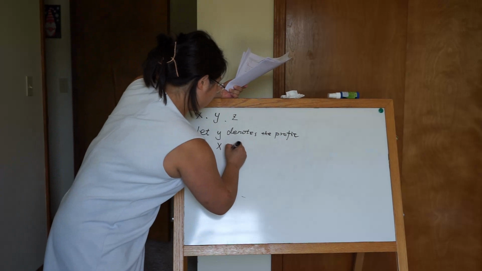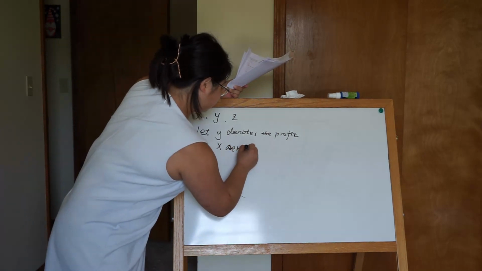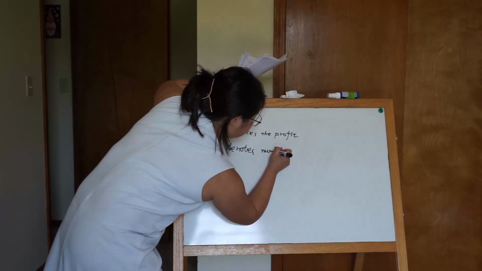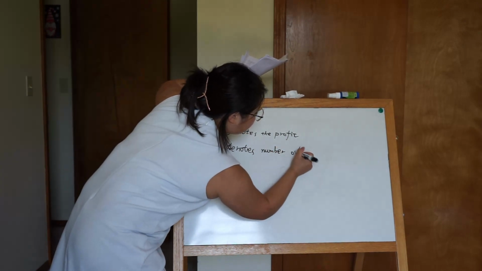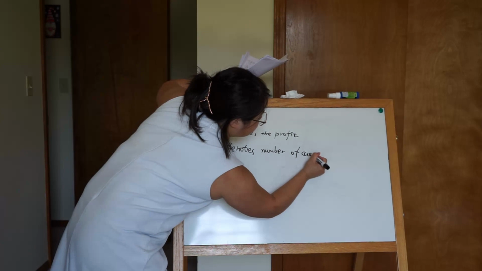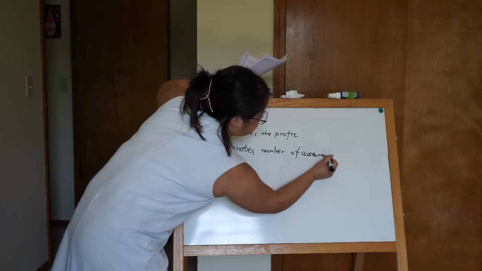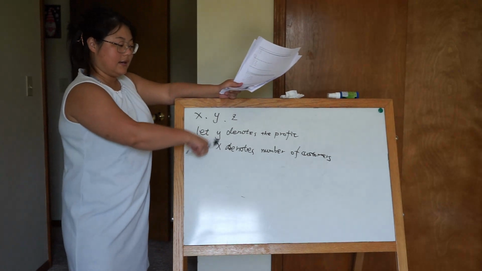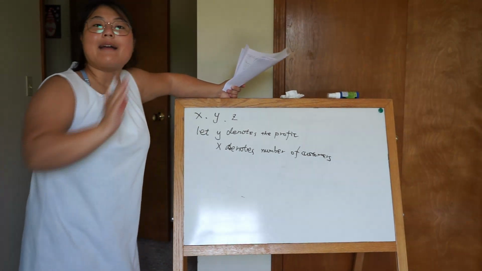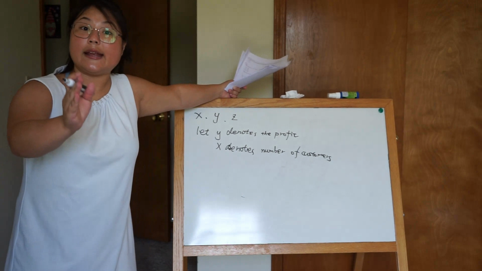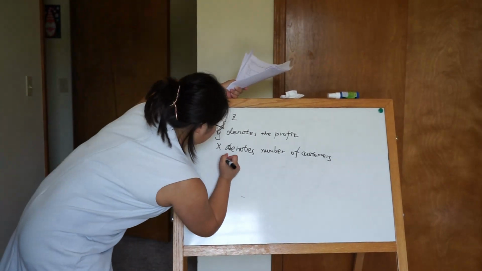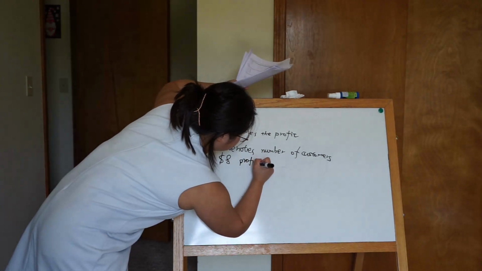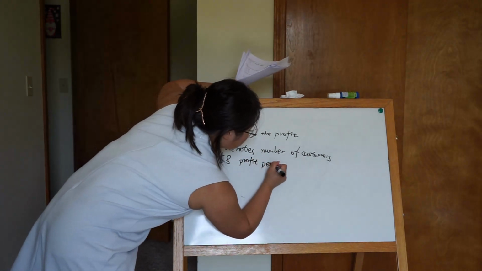X denotes number of customers. So in here we know every customer will give a profit of $8, the profit per person.